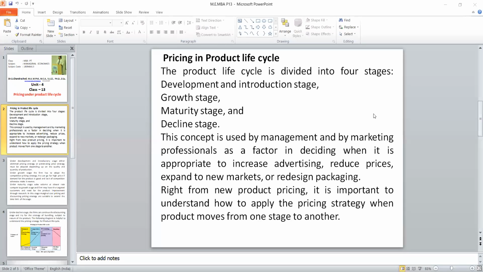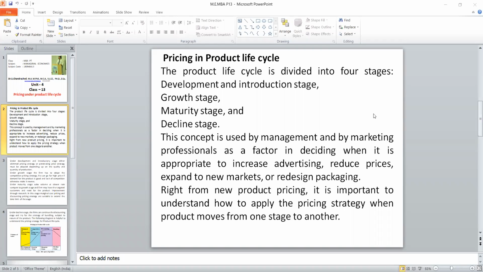There will be any number of competitors, so how does it grow? Third, once it has got its own market, there will be a period when it reaches its peak, its maximum level. That stage we call the maturity stage. After that, the product life cycle starts declining because of other factors like technology, consumer preference, and change in generation, which we call the generation gap. All these things we should know.